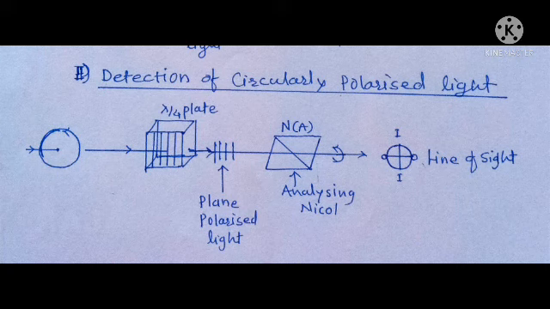Thus, the overall phase difference between ordinary and extraordinary ray is 180 degrees. Therefore, after emerging from the quarter wave plate, ordinary and extraordinary rays combine to form linearly polarized light. So, when this light passes through the analyzing Nicol, light is cut off at two positions in one full rotation.